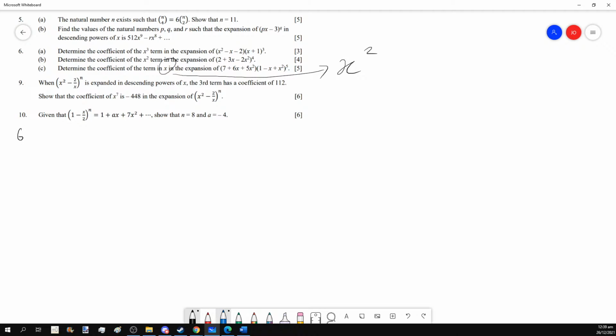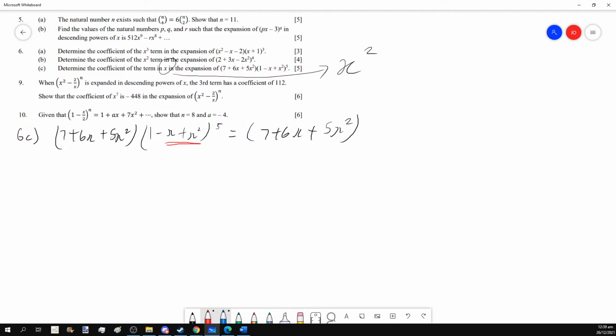Right, so 6c tells us to work with 7 plus 6x plus 5x squared multiplied by 1 minus x plus x squared to the power of 5. Just like the previous problems, we will use substitution to change the trinomial.